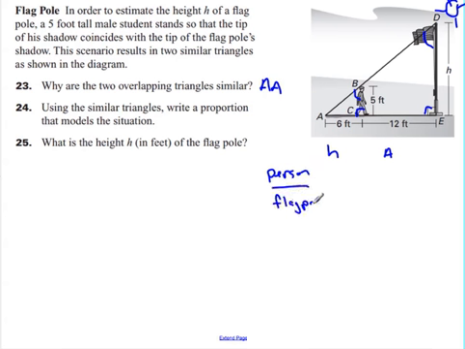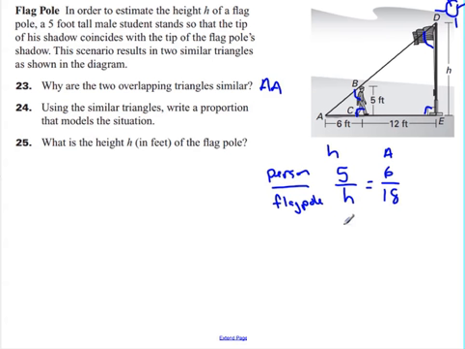So the height of the person is 5 feet. The height of the flagpole is going to be h. The distance of the person from A is going to be 6. The distance from A to the flagpole is not just 6, it's not just 12, it's actually 6 plus 12, so that'll give us 18.